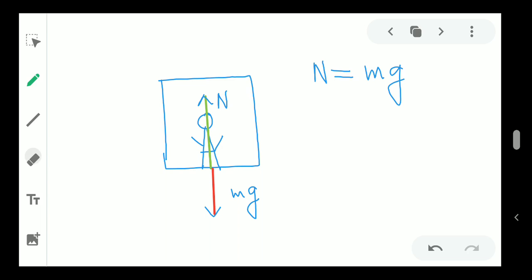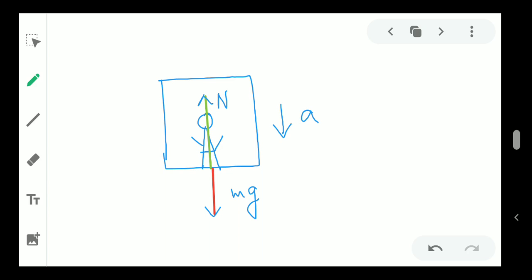But when the situation changes, when the lift is trying to go downward, what will happen? Your body has some inertia.